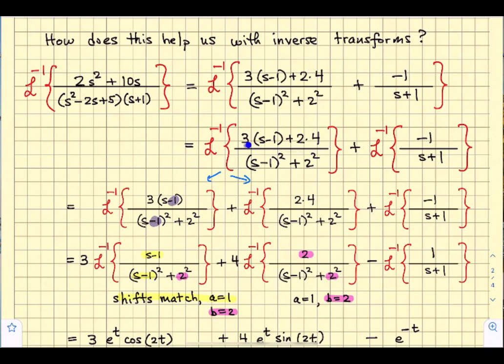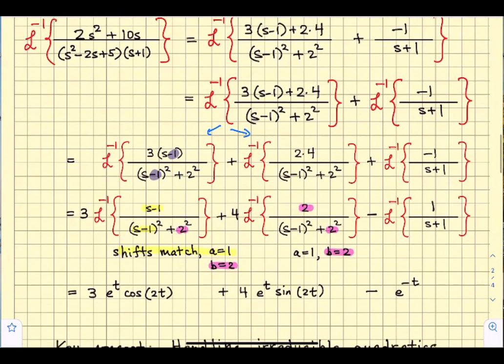And now, using algebra, I can split this fraction as 3 times (s minus 1) all over this, plus 2 times 4 all over this. And that means I can split the inverse Laplace transform up one more time into the 2 pieces that are here, keeping the common denominator.